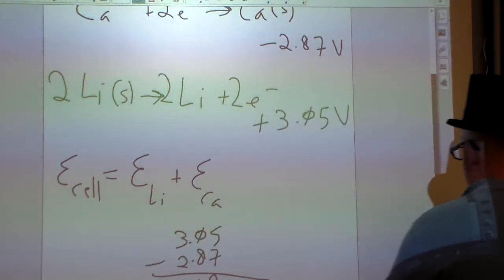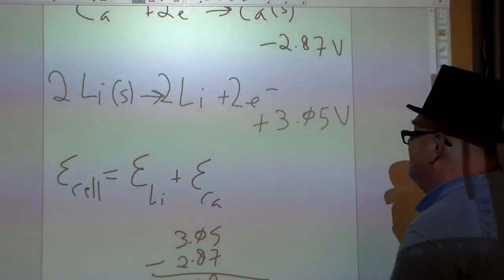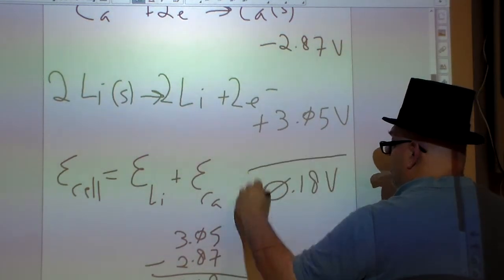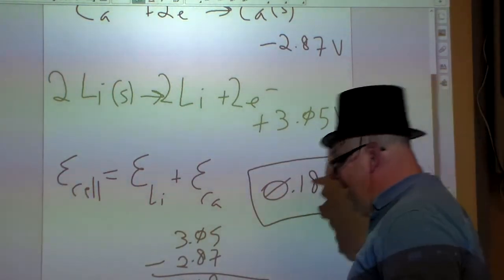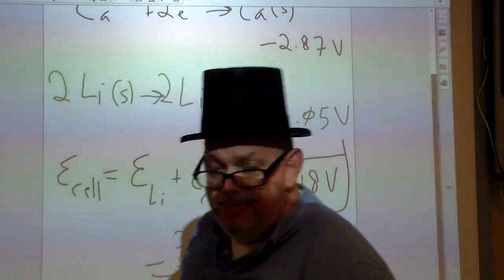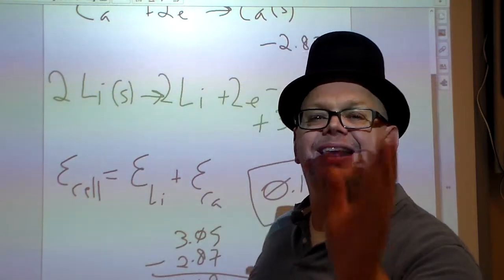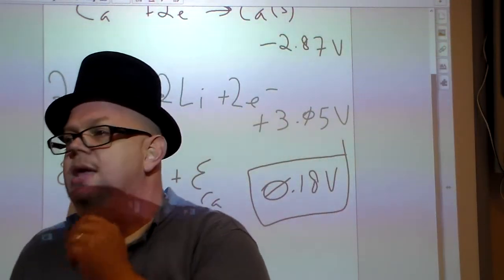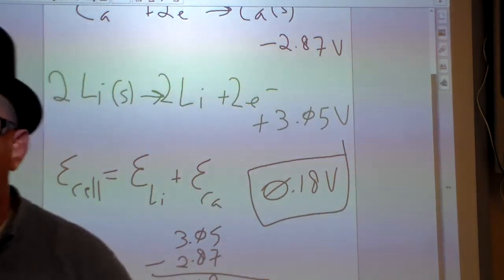So our final answer, when we add those together, is 0.18 volts for our calcium lithium battery. And maybe that's why we don't have calcium lithium batteries. Maybe the lithium is combined with some other things, but certainly not calcium, because you're not getting a lot of electricity out of it. Not really.